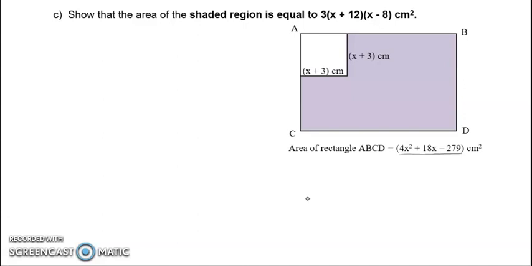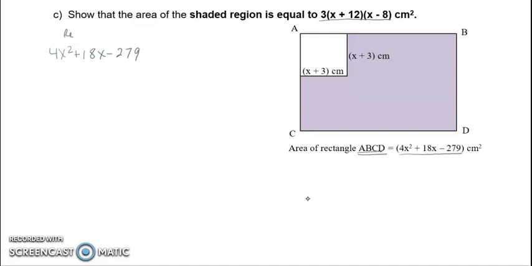What we have to do is find an expression for the shaded region, but we're going to do it not from the statement that's given, but from the expressions that we have in the picture. Now, the area of ABCD, which should actually be named ABDC, the area of rectangle ABCD is 4x squared plus 18x minus 279.